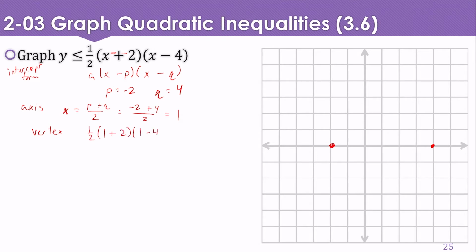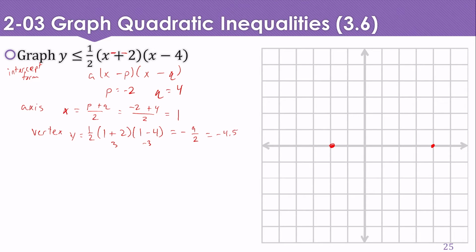So I'm plugging in the 1. And so we get, looks like negative 9 halves. This is 3, this is negative 3. Or negative, if you like, 4.5.